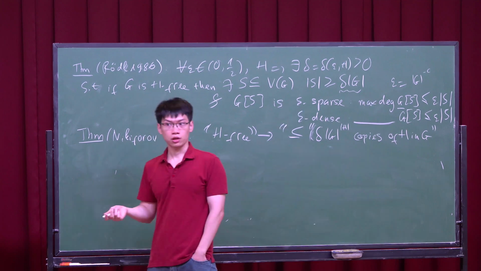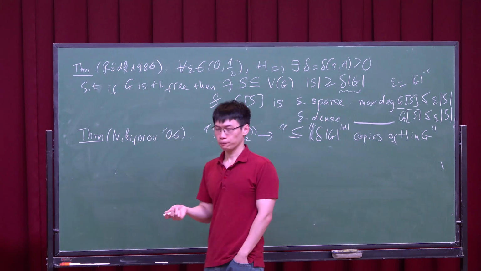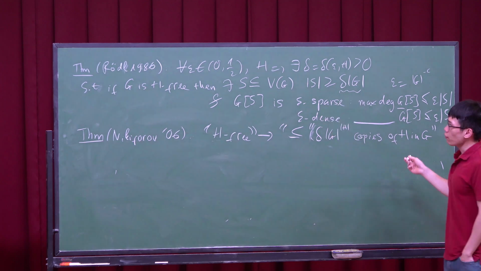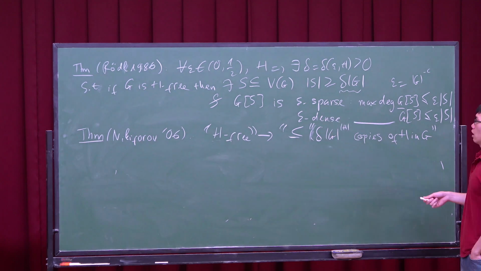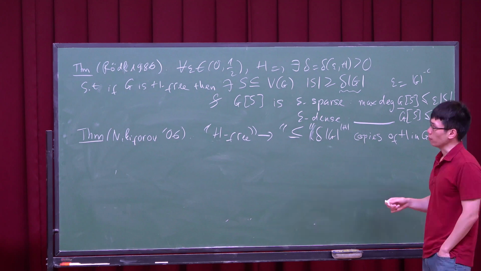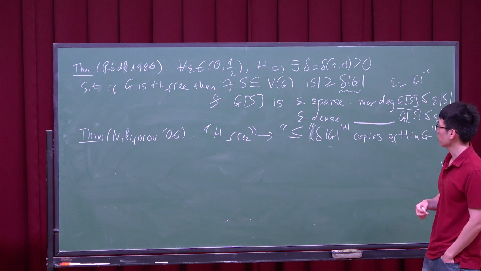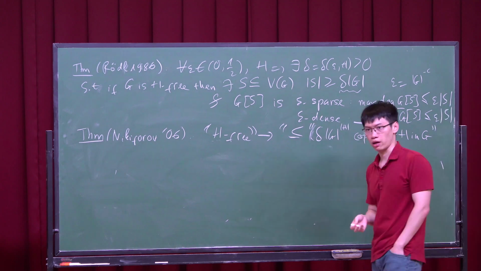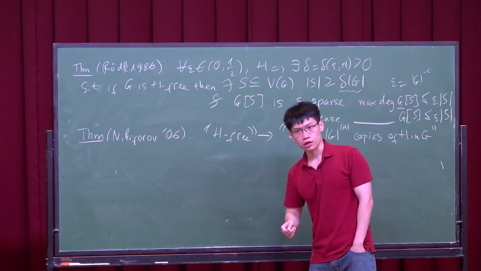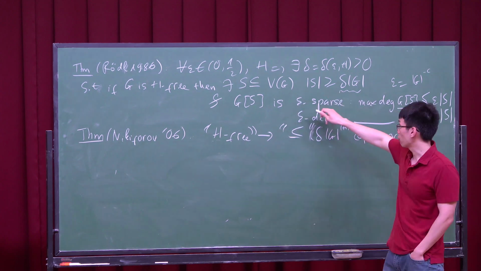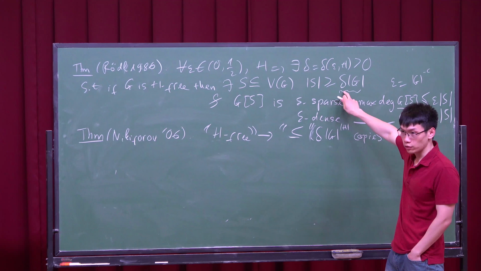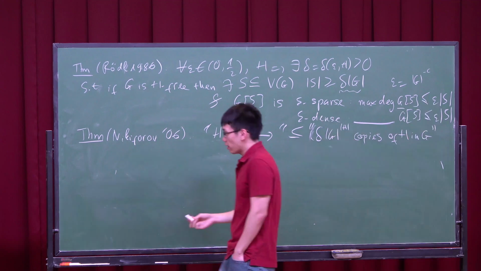Okay. People in the area already noticed this phenomenon some time ago, and there was a conjecture first proposed by Conlon, Fox, and Sudakov, that says in Rödl's theorem you can actually force delta to be a power of epsilon. And if that is true, then you would get Erdős-Hajnal.